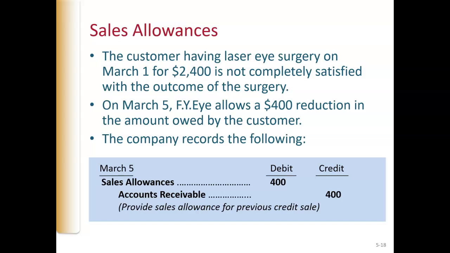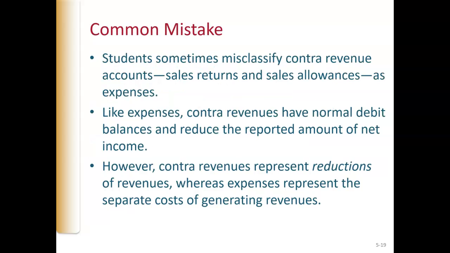Any questions so far? You guys getting it? Students sometimes misclassify these contra revenue accounts, sales allowances and sales returns. These are contra revenue accounts that offset our revenues. Does that make sense? These contra revenue accounts, sales returns and sales allowances, are not expenses.